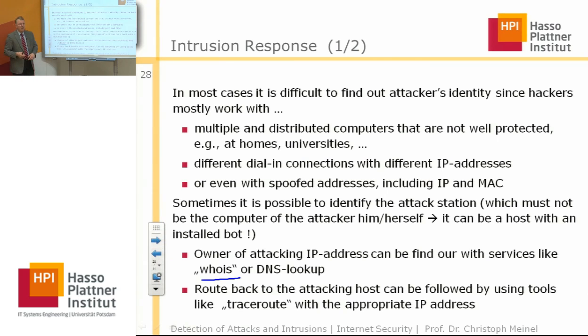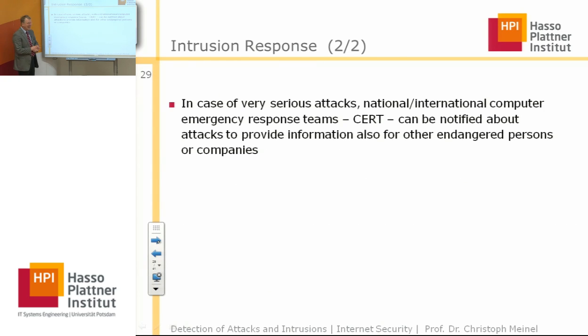And you can also follow back the route to the attacking station by services like traceroute with the appropriate IP address. But in any case, you should not do your own activities.